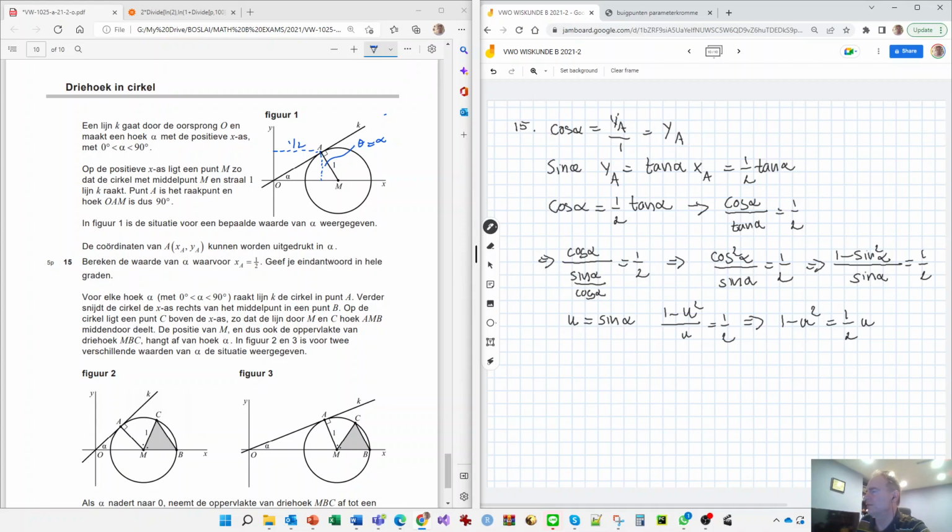And let's just bring these to the right, so we get a plus sign in front of the u squared. It doesn't matter, but then you get u squared plus 1/2 u minus 1 equals 0.